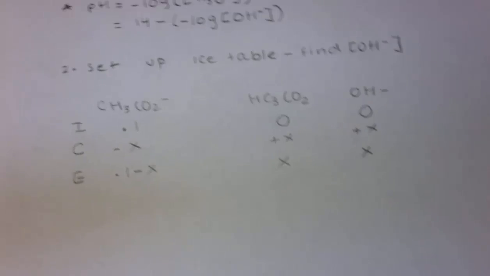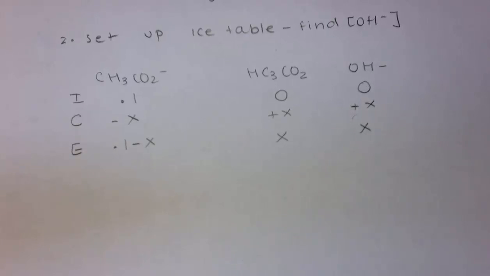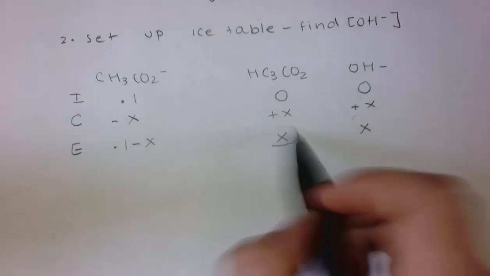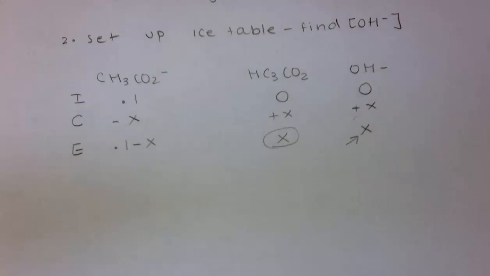So now that we have these values, we're going to do something similar to a problem I previously did a video on, where we'll use our K equation to solve for x, because ultimately we need x because we know x is our concentration of hydroxide, and that's going to give us our pH.